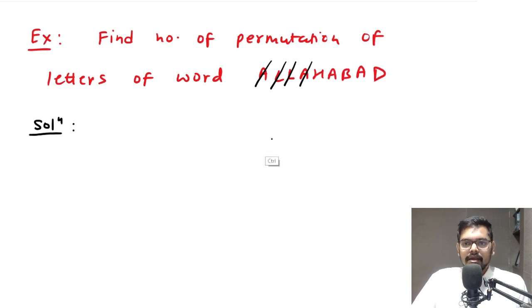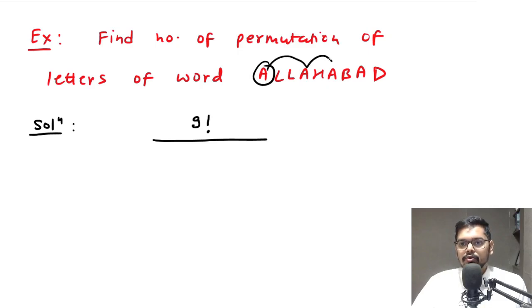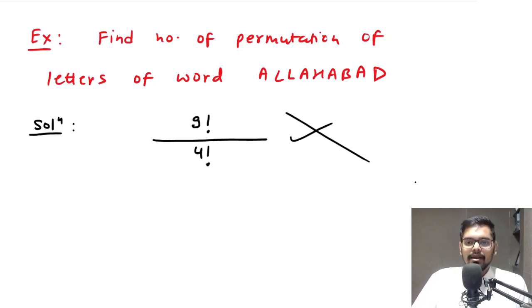It has 9 letters. So they can be arranged among themselves in 9 factorial ways, but we can see repetition, right? A is repeated how many times? 1, 2, 3, 4. So I will divide by 4 factorial and I got the final answer, right? That is incorrect. Because the letter A is repeated and we have the letter L also in repetition.